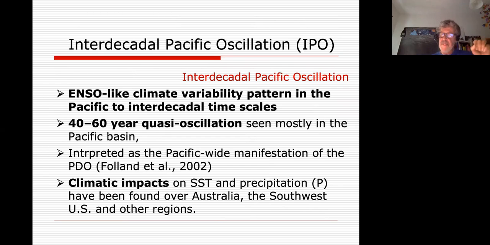And there is an extension of PDO. PDO is related to the northern Pacific.